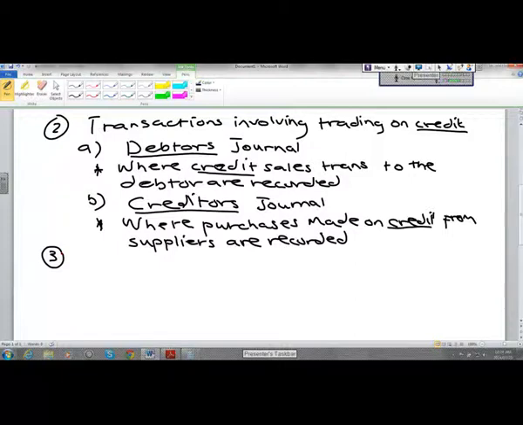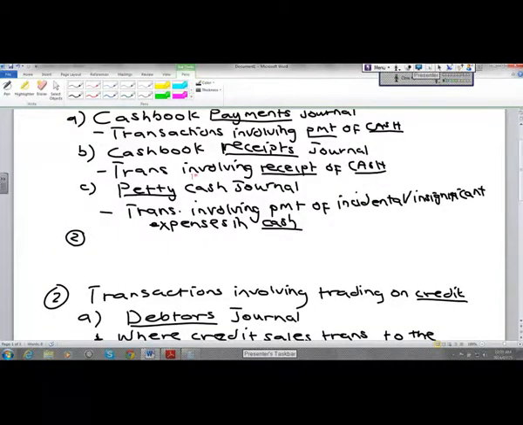Sometimes the debtor purchases goods from us on credit, but is unhappy with the quality. So what will they do? They'll bring back the goods. Sometimes they buy on credit from us and we overcharge them. They will come in and complain that we have been overcharged, so we will need to rectify those errors. And such problems are rectified in the third category.